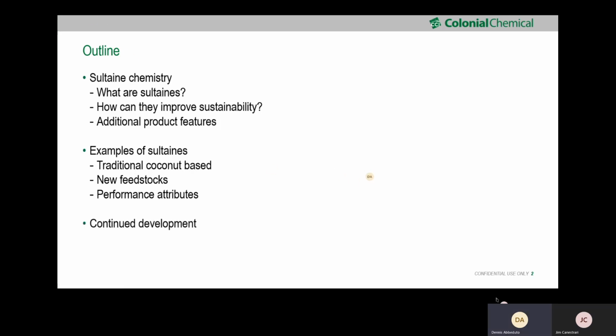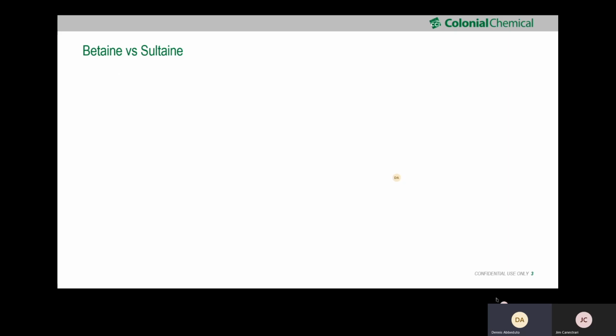We'll also talk about some continued development that's occurring in this chemistry area that will continue to improve sustainability throughout the supply chain. So first, we're going to start by talking about betaines versus sultaines. Now, everybody is fairly familiar with traditional betaine chemistry.